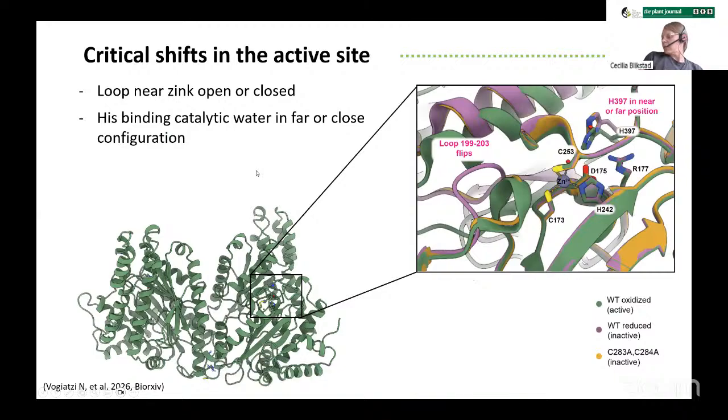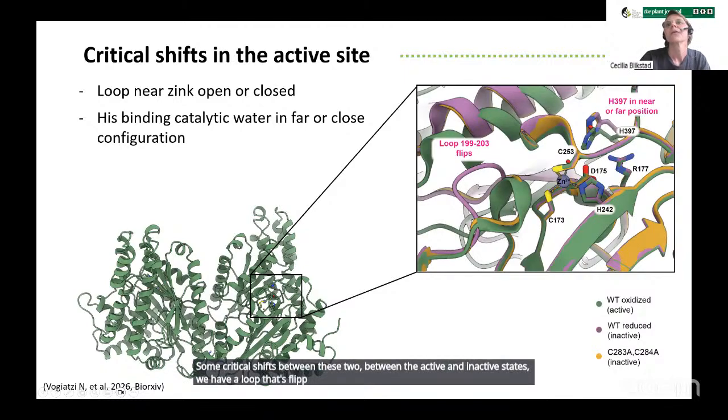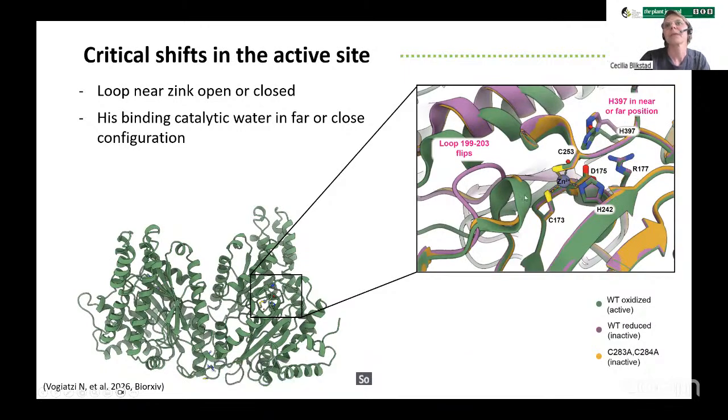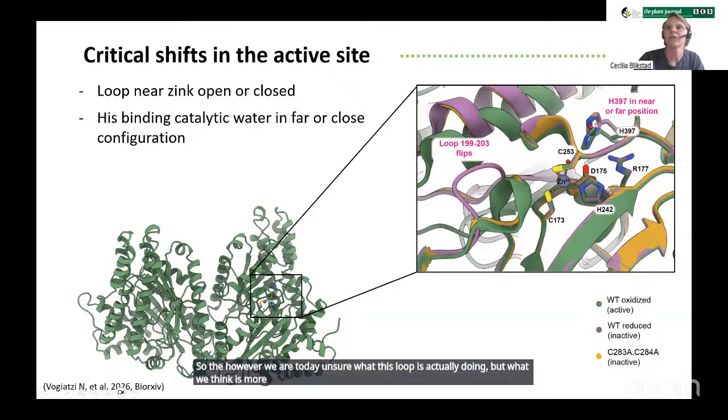If we zoom into the active site, we see some critical shifts between the active and inactive states. We have a loop that's flipping. However, we are today unsure what this loop is actually doing, but what we think is more important is this histidine up here, which is coordinating a substrate water.